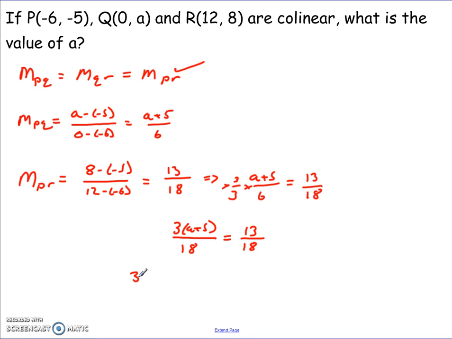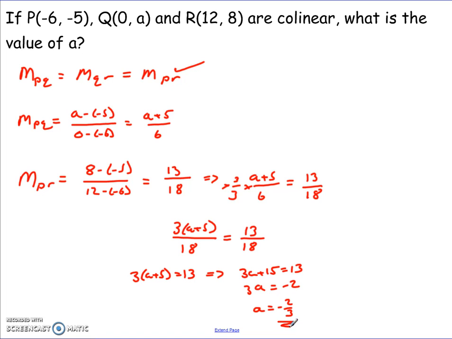So I could say, fine, 3 bracket A plus 5 equals 13. And then it's just a case of solving it. Multiply the bracket and you get 3A plus 15 equals 13. 3A equals 13, take away 15 is negative 2. So A is negative 2/3.